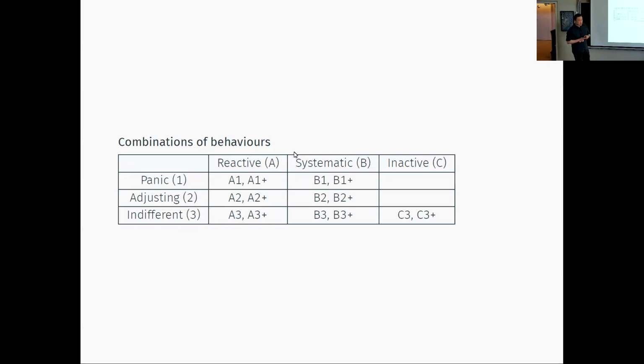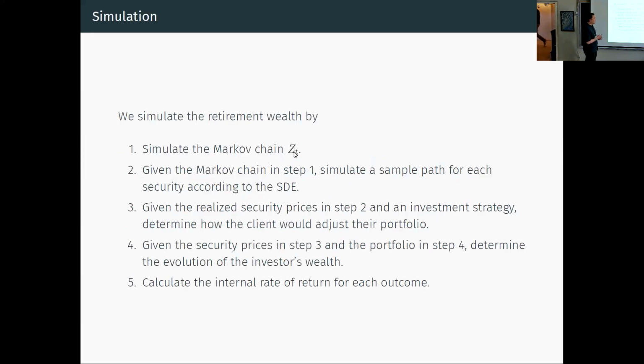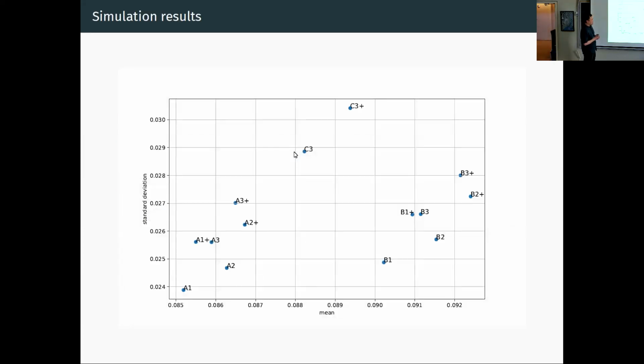Using the regime switching GBM framework and these strategies, I ran a simulation study with 100,000 sample paths. And these are the results of their internal rate of return, because some of the clients are actively contributing to their portfolio and others are not. So it's not fair to just compare their retirement wealth.